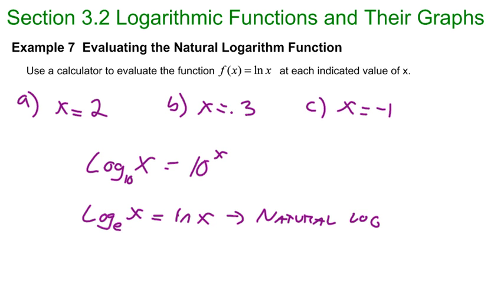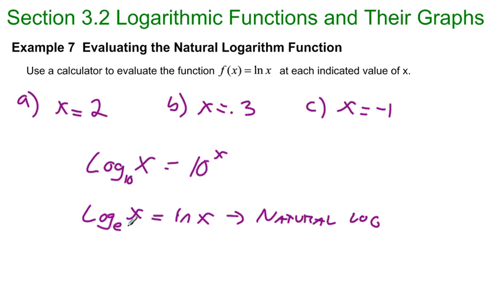And if you're wondering why we don't put NL, well, I didn't make that up. We're going to put ln, but that means natural log. So when we say ln, it's the same thing as saying log base e. Anytime we have an e as the base, we're going to write it as ln.